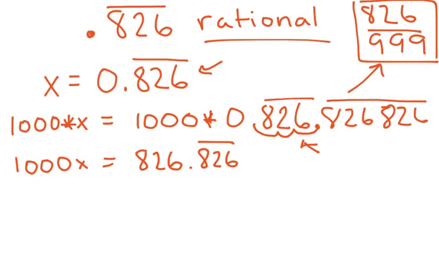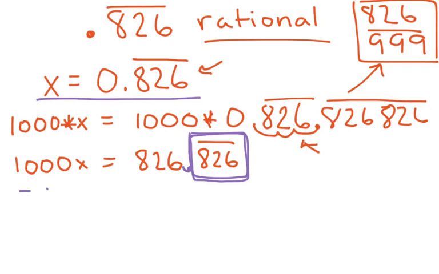The reason why I'm subtracting out the x is because I have to get rid of that repeated number over and over again. x equals this, so the sides of my equation are still balanced with each other.